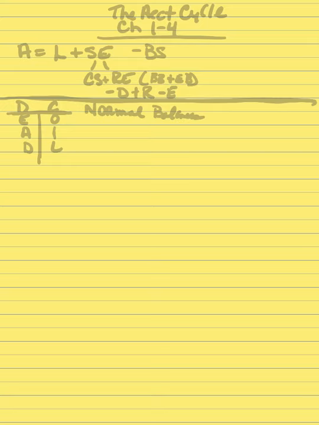Your owner's equity, which is the same as stockholders' equity, which is made up of common stock and retained earnings, will both have a credit. Your I, which is another word for income, another word for revenue, will also have a credit balance. And then your liabilities will have a credit balance.